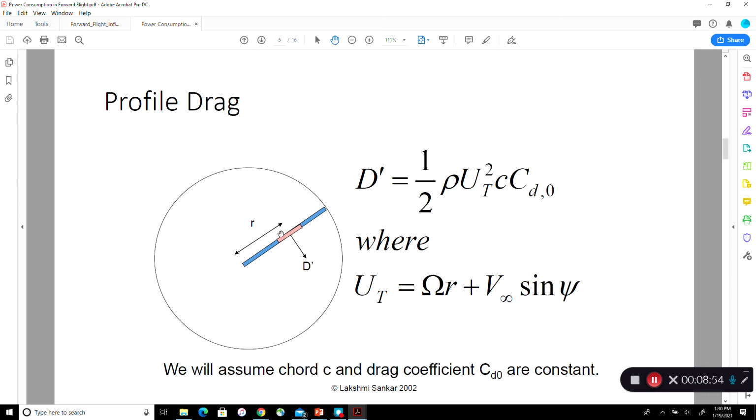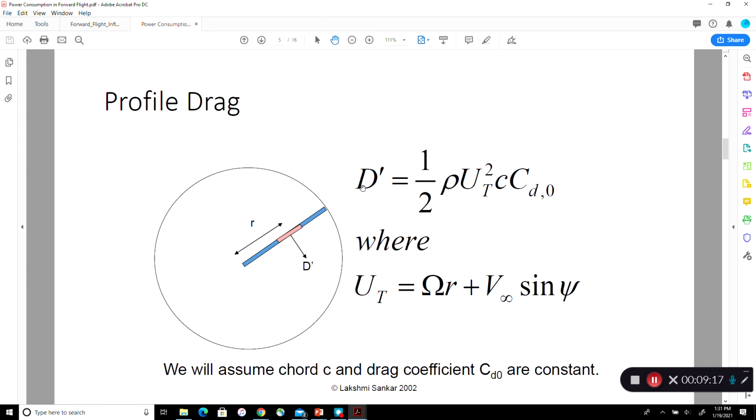So this is the tangential component of velocity. So 1/2 times velocity squared times c times some average CD naught. We are going to approximately assume that the chord c is constant, some average value of chord, and CD naught is constant, some average value of drag.